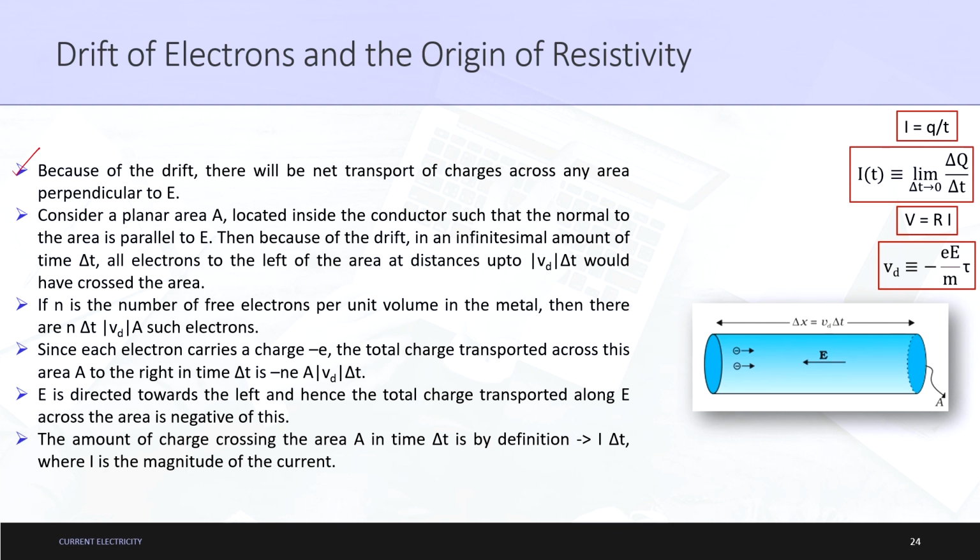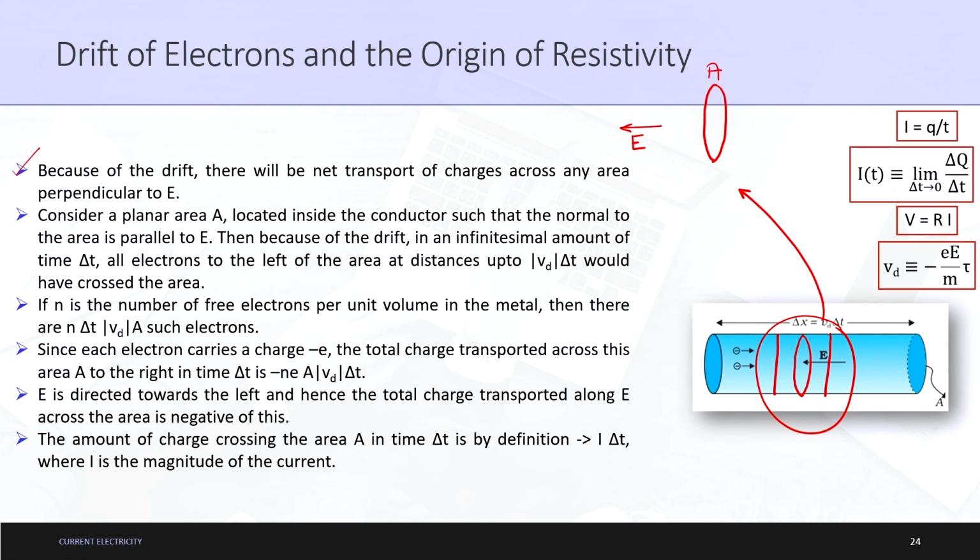What does it try to explain? Let me explain using a diagram. Let us suppose this is the cross section, and it has an area capital A, and the electric field is in this direction.